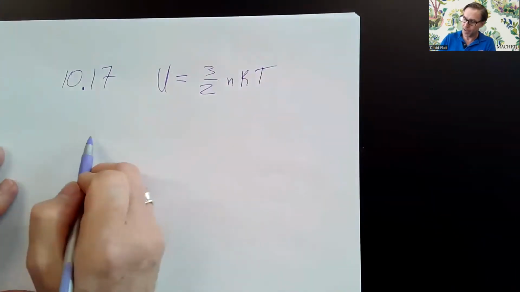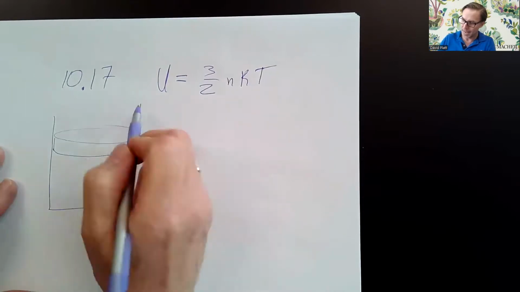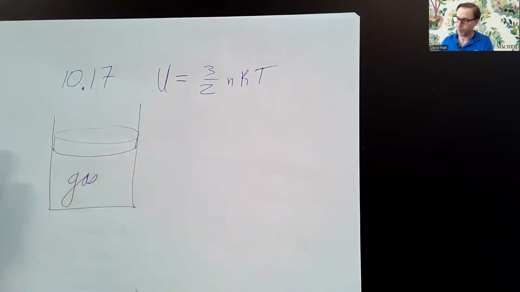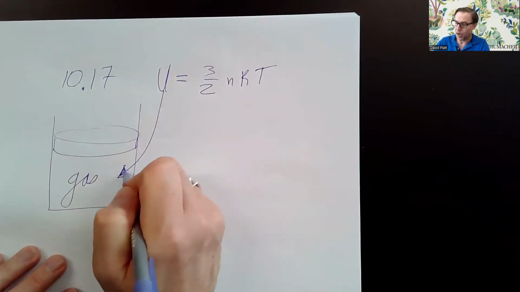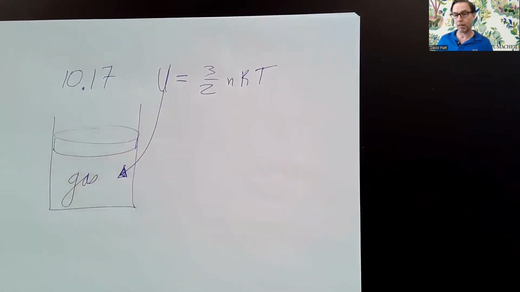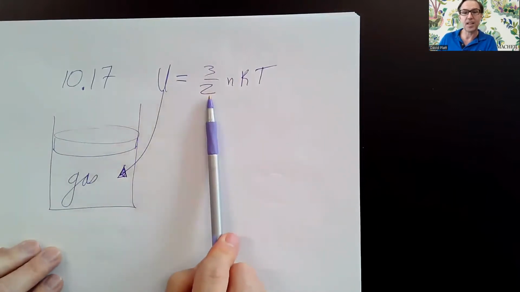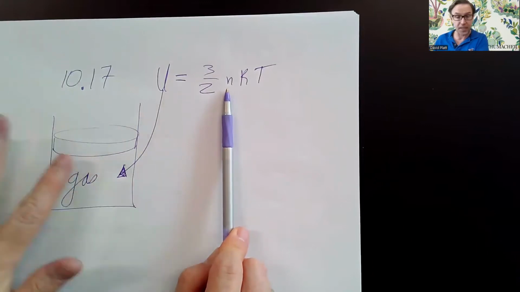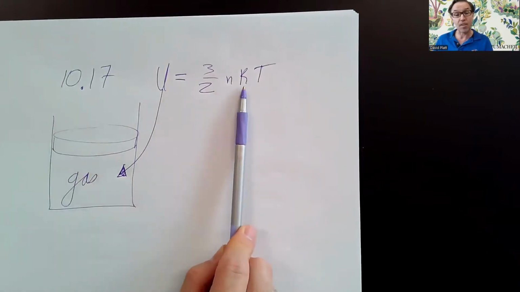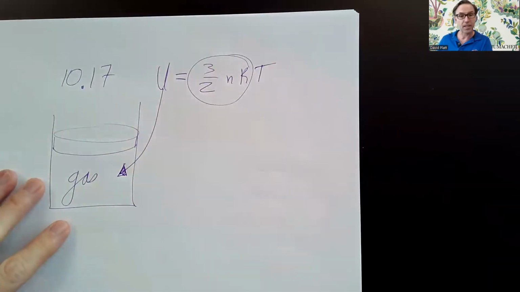So if I have this little piston that's holding my gas in here, the total energy of all those particles put together equals 3/2, that's a constant, times n, the number of particles, which is constant because nothing's getting in or out, times R, the ideal gas constant. So all of this is a constant.